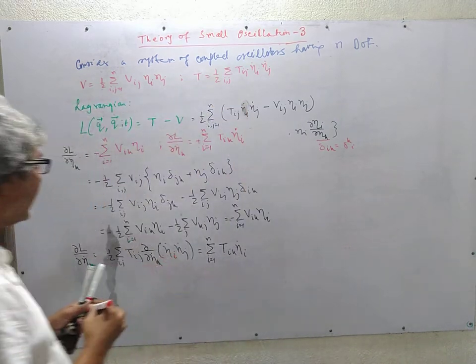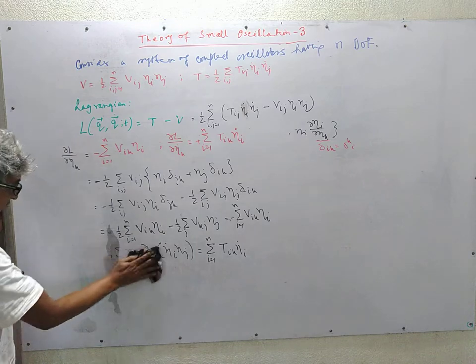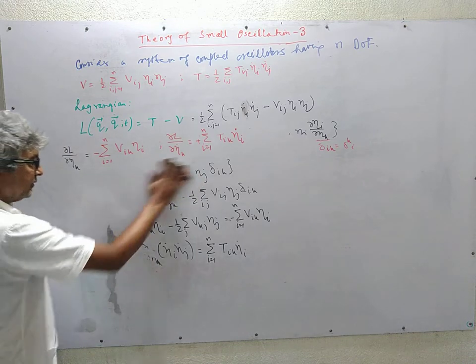So these are the ingredients required for the Euler-Lagrange equation to be fed in.